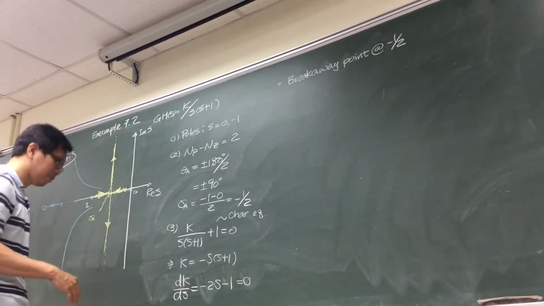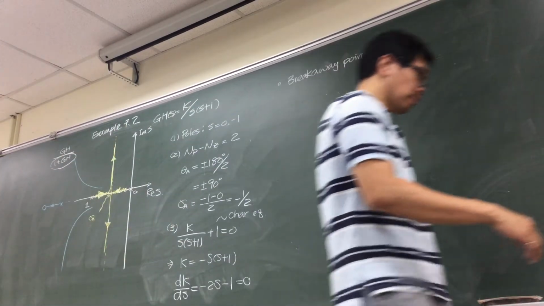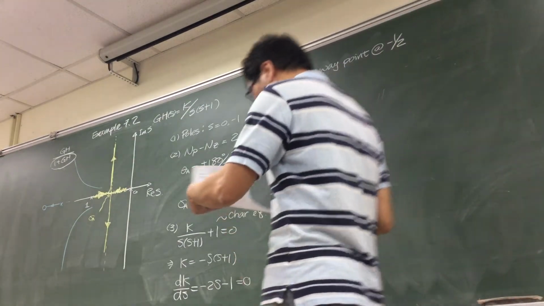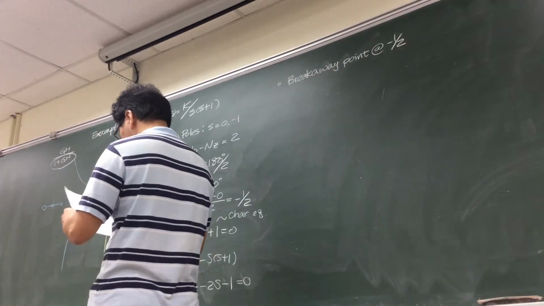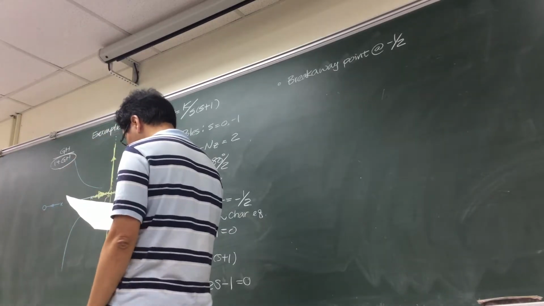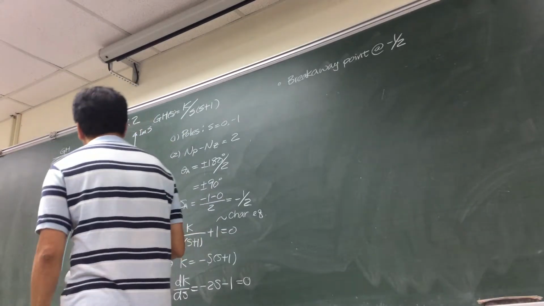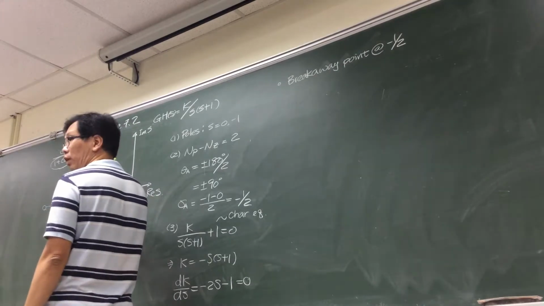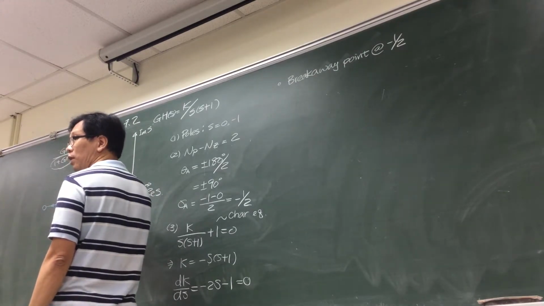Before we move on, the other thing that we might want to consider is, okay, I know it's going to be breakaway over here. So at this point, what is my K?